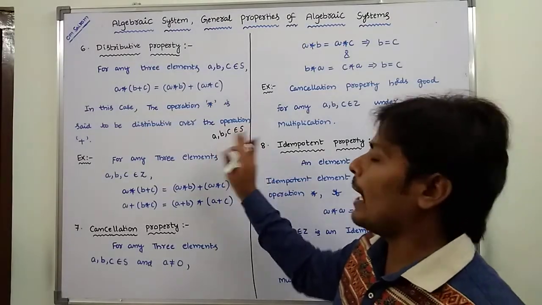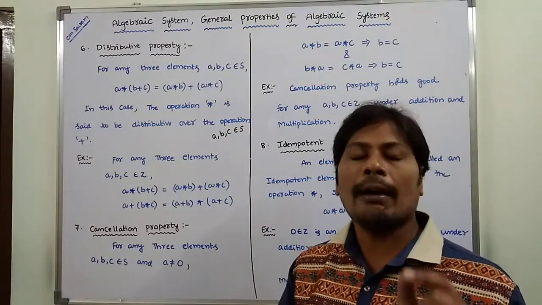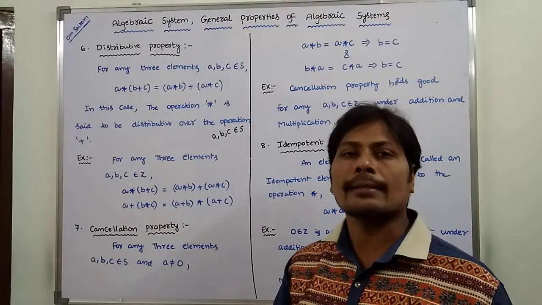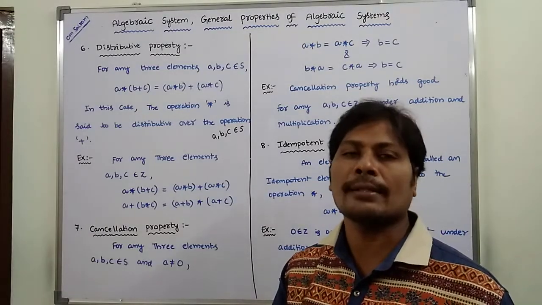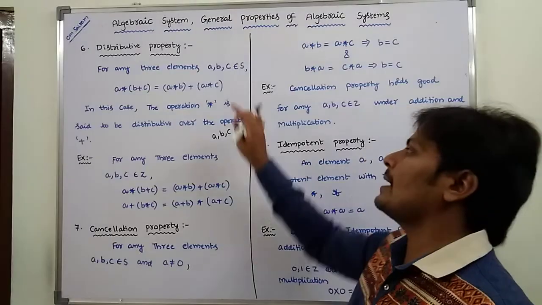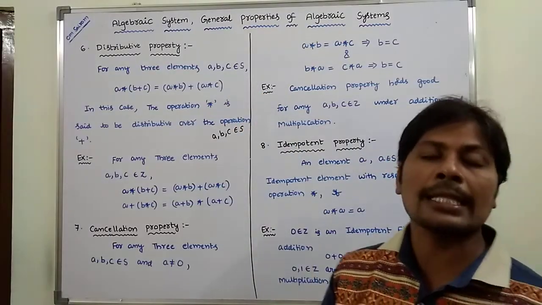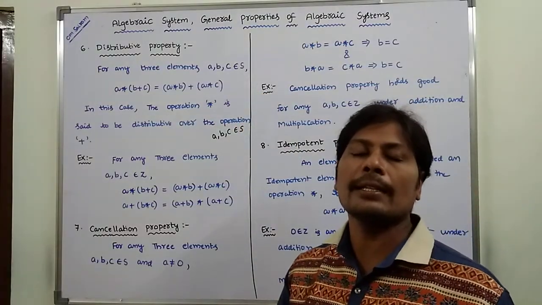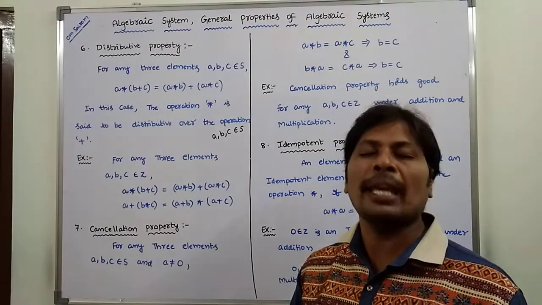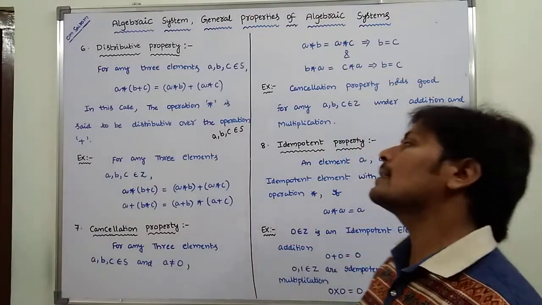So for any three elements taken from the non-empty set, A, B, C, it satisfies this condition A star (B plus C) is equal to (A star B) plus (A star C).